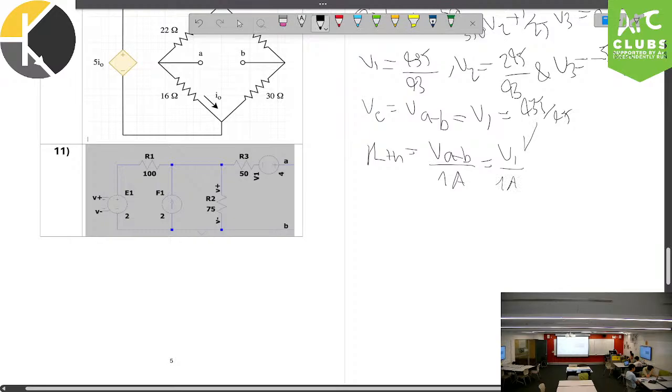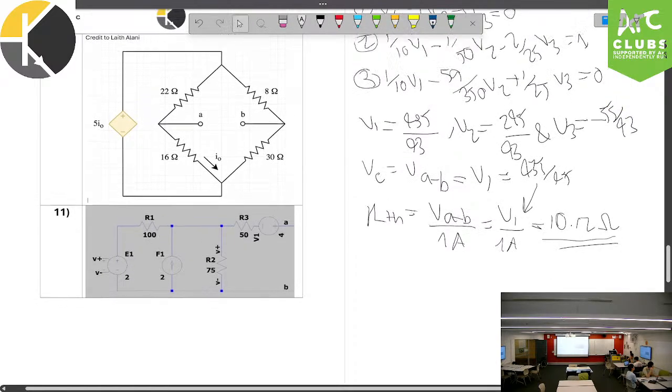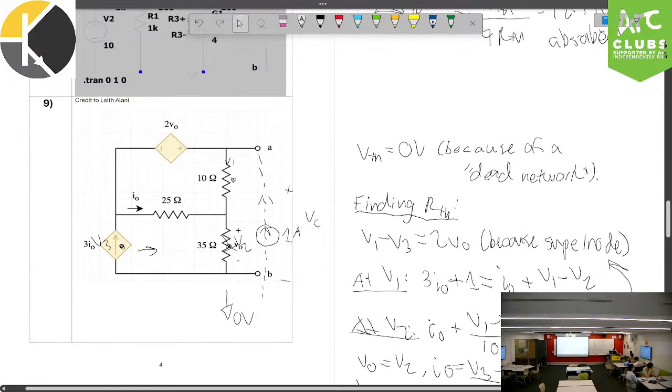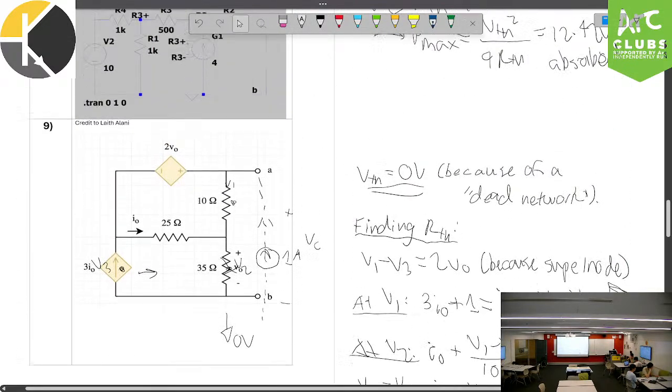If we substitute that value in, in decimal form, we get 1.12 ohms. So that's how we get RTH. And earlier we got VTH very easily, which was just 0 volts. And yeah, that's question 9.